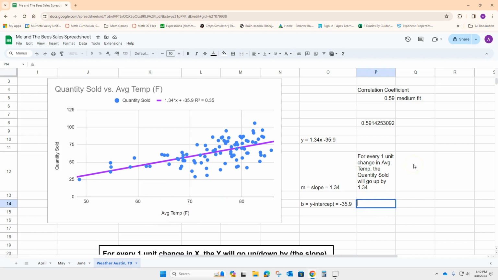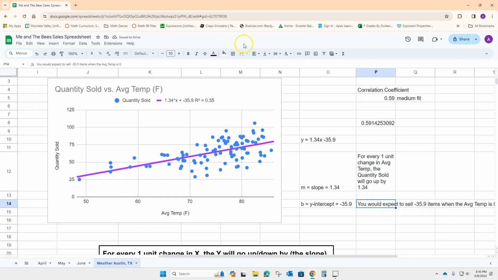So in words, this means that you would expect to sell negative 35.9 items when the average temperature is 0.